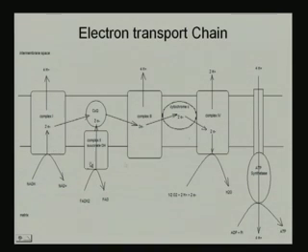Now, when complex 4 is completed, you see this oxygen molecule gets the electron and is converted to a water molecule, and then ATP synthesis takes place. That means when the electron transport chain is completed, ATP synthesis is coupled.